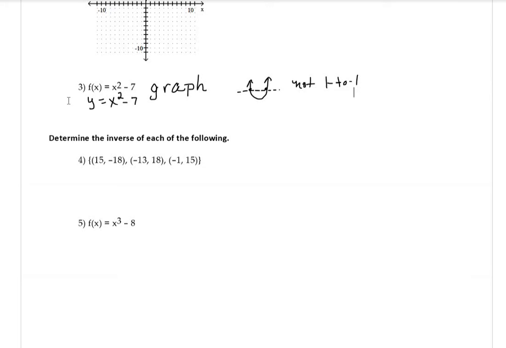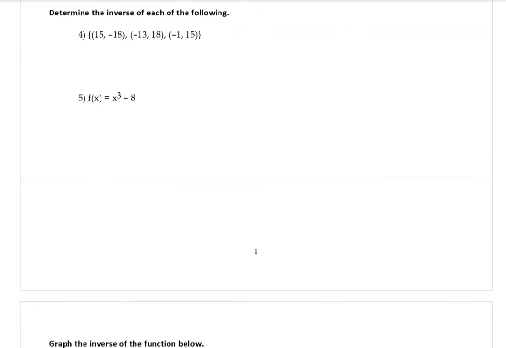Now with the next examples here, I am asked to determine the inverse of each of the following. So I already know that it's a function. I already know that it is one-to-one, and I just have to find the inverse. So what I need to do is to switch the x's and y's.